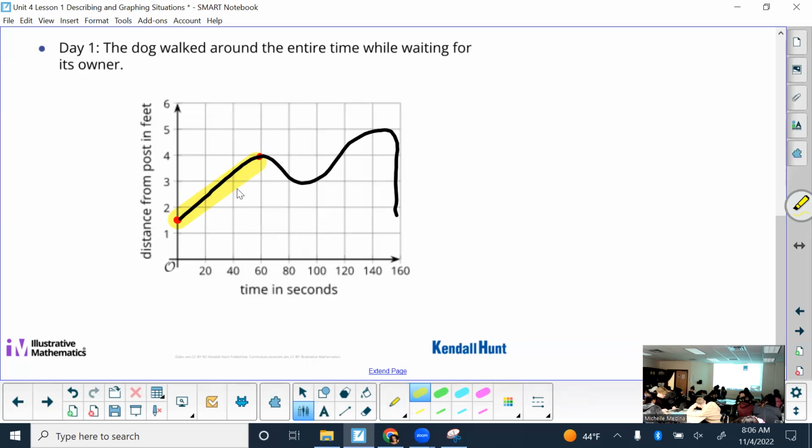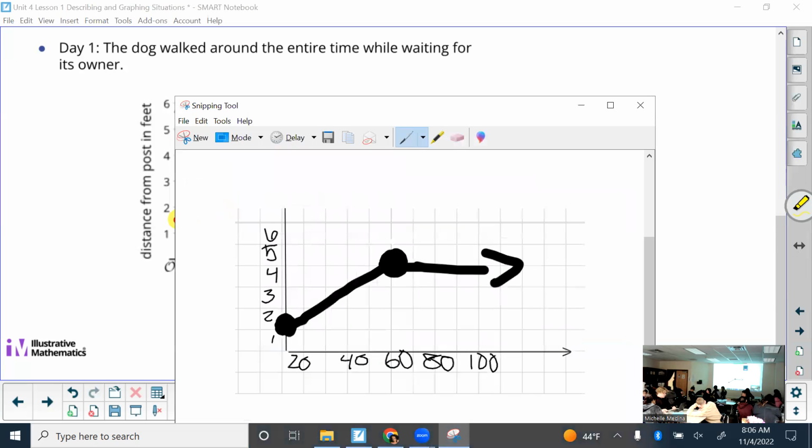Yes, because that's what it said in the instructions. But this part is pretty ambiguous, meaning it's open to interpretation. I just have to see that the dog walked around the entire time while waiting for its owner. So the plateau that we saw in that example, I don't know.